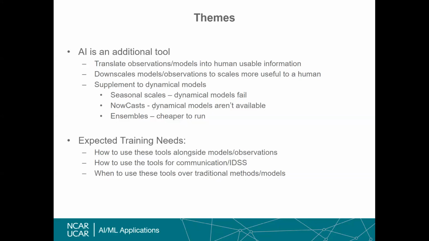So you can use AI models to sort of fill that gap. And then also, I didn't touch on this one, but with ensembles, AI models are very cheap to run. So you can run many, many more of those than you can with a dynamical model. And so it can really be helpful to use AI for probabilistic information.